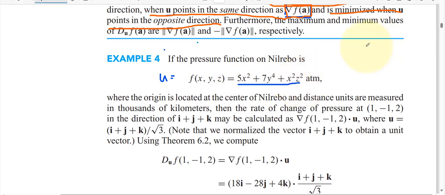And this is on some planet somewhere called Nil-Rabo. And they're saying the units here are in thousands of kilometers. So at 0, 0, 0, maybe it's not air pressure. I'm not sure what it is, some kind of pressure, maybe the internal pressure.